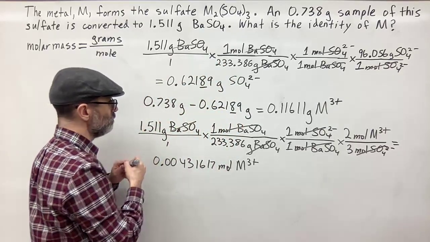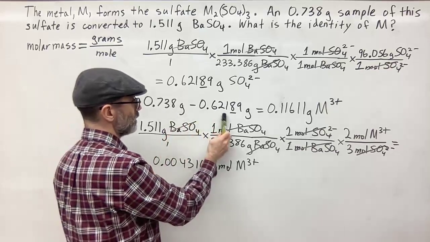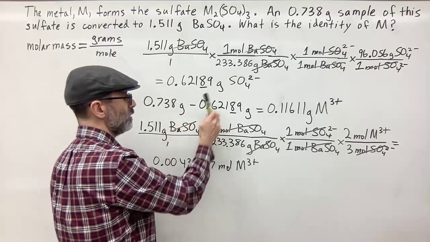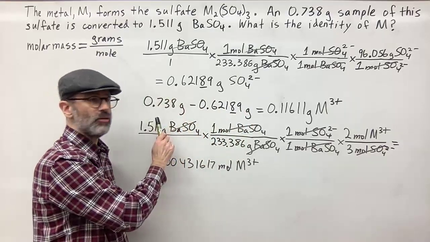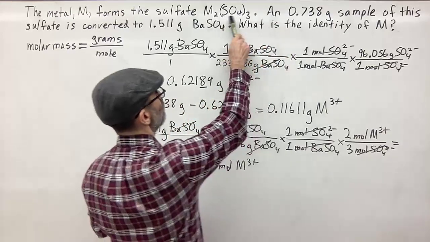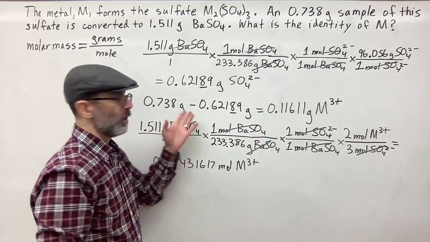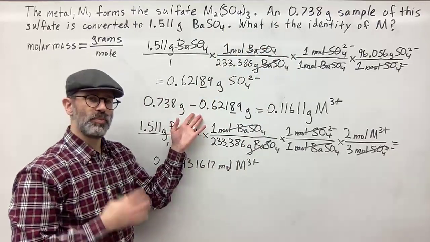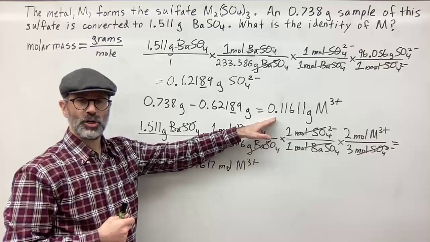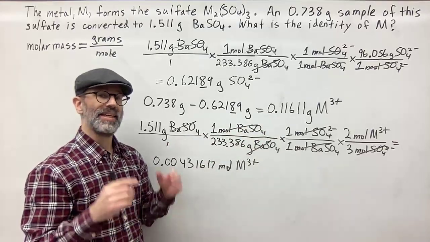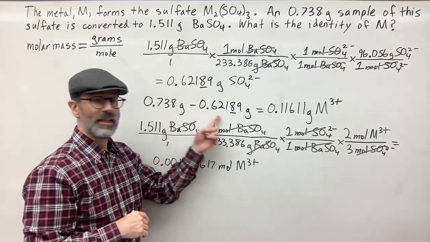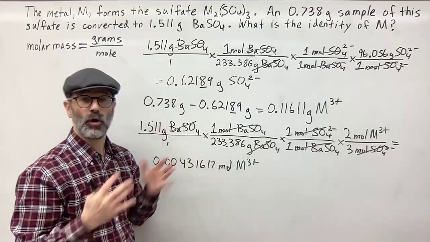Now here, when you're subtracting, so I'm subtracting the mass of the sulfate from the total mass of the compound M2(SO4)3. And the rule here is when you subtract, your answer should have the same number of decimal places as the least number of decimal places in the measurements you are subtracting or adding.